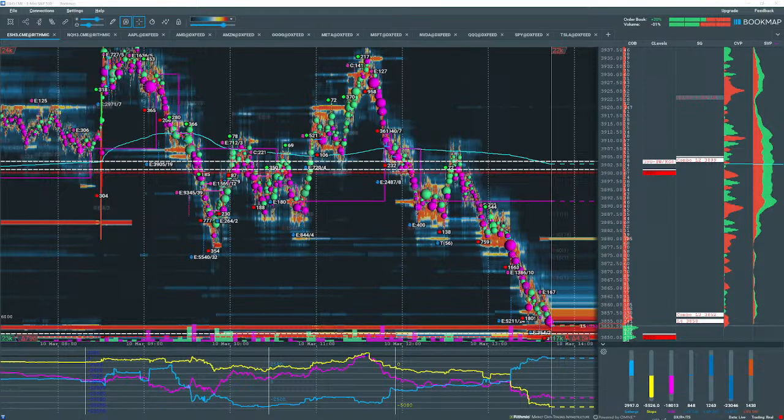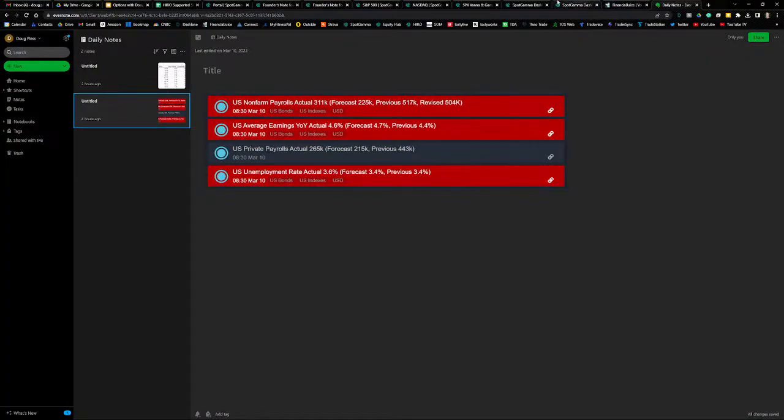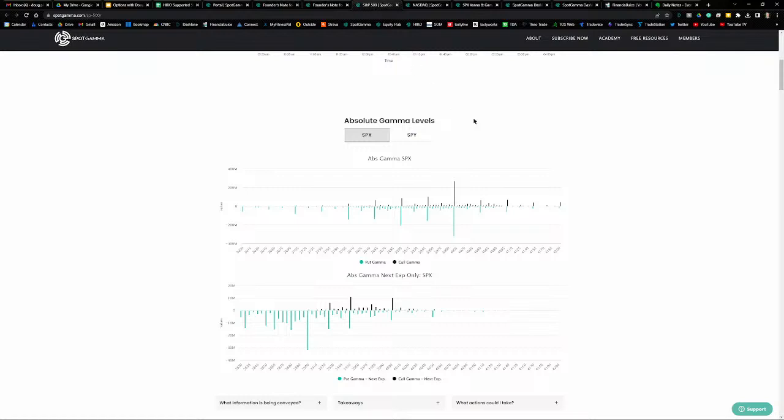All right, let's take a look at the gamma charts now. So these are the absolute gamma levels, and we can see where these levels come from. And there's a comment in YouTube, sound is low.